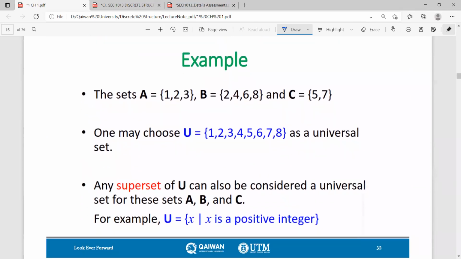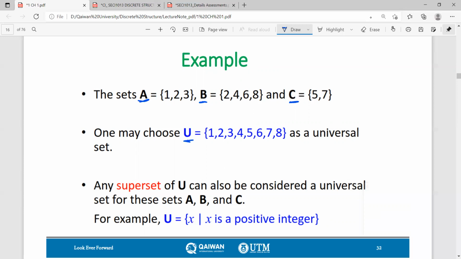Look at this example. Here we have given sets A, B, and C. These are three sets. If we choose the universal set for these three sets, we must choose a set such that all of these three sets are subsets of the universal set.